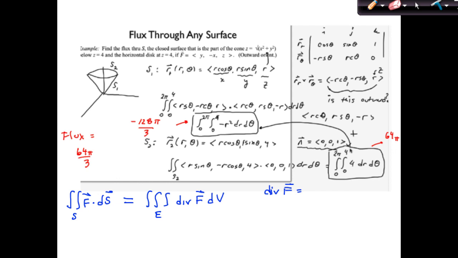Our field was y, negative x, z. Divergence is 0 plus 0 plus 1, which is 1. Ooh, that's nice, right? So we're going to do the triple integral of 1 dV over E. And how do we want to do that triple integral?